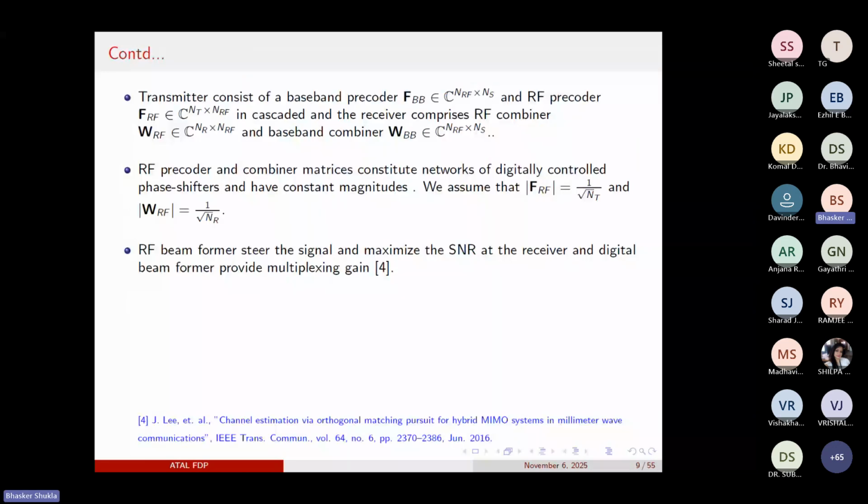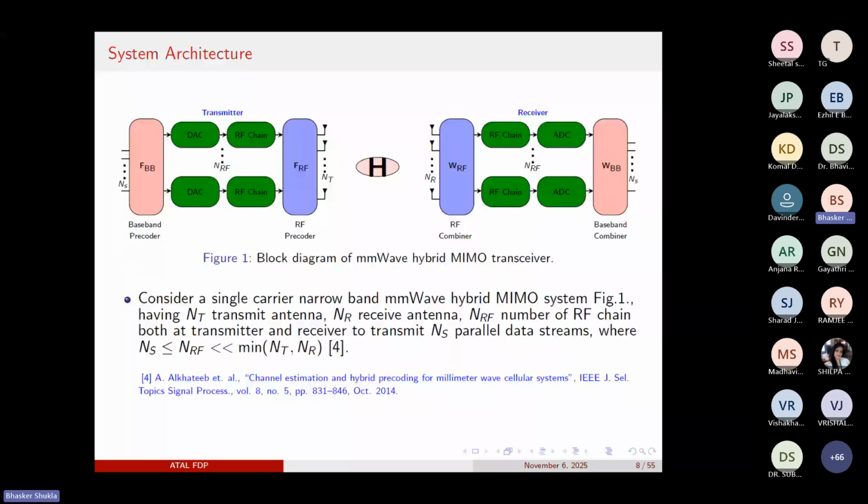So here FBB corresponds to the baseband precoder. The baseband precoder provides multiplexing gain, and it also overcomes the interference between different signals. And here is the RF precoder that provides the beamforming gain.